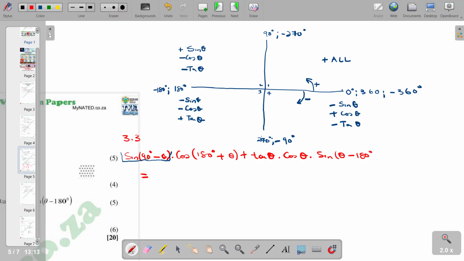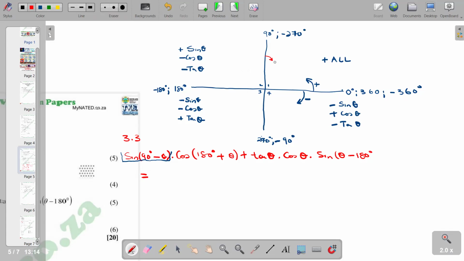First question: where is 90 degrees minus theta? We said this terminal, and minus simply means you are going in a clockwise direction, and we always assume that theta is an acute angle. So 90 degrees, then we take minus theta. So it means we are entering the first quadrant.